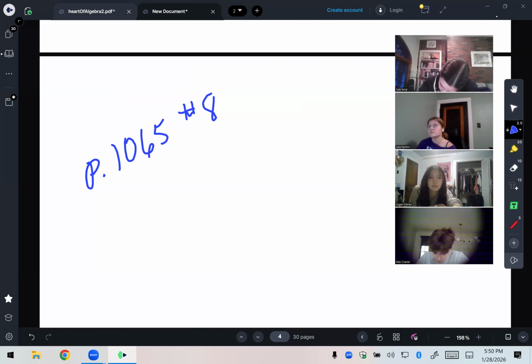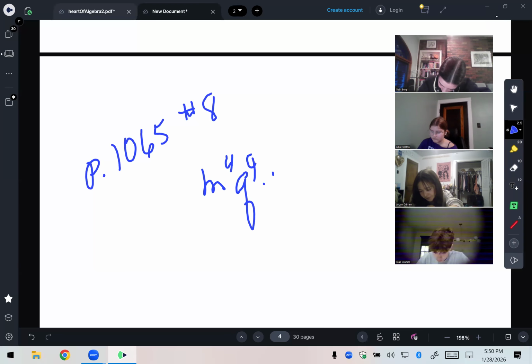Give it a go. Give it a try. Can you read to me these numbers? It's m to the fourth times q to the fourth times z to the -1, quantity times the quantity m q to the fifth z to the third.